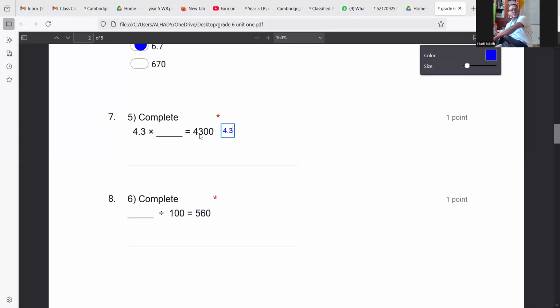We moved 1 decimal place and we add 2 zeros. That means we multiplied by what? We multiplied by thousands, 4.3 times 1,000. Because when we multiply by 1,000, we move 3 places. We don't have 3 places, we have only 1 place, which is the 3. For the other zeros, we put them here.